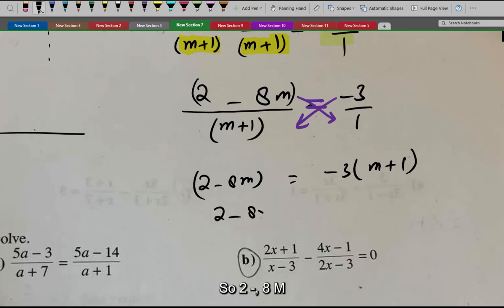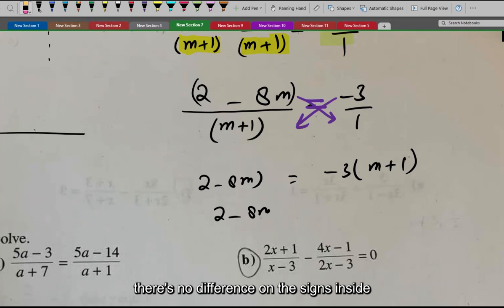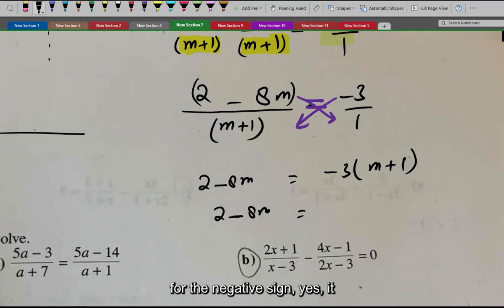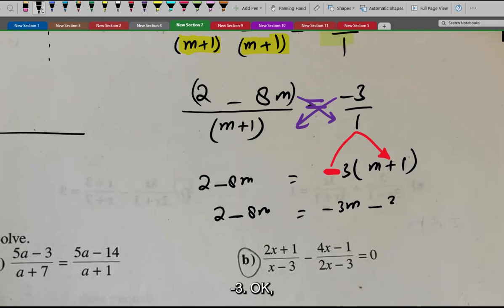Whenever there is a positive sign before a parenthesis, there is no difference to the signs inside the parenthesis. For a negative sign, yes, it matters. If there is a negative sign before a parenthesis, it definitely affects all the signs inside the bracket. So it's gonna be minus 3 multiplied by m is minus 3m. Minus 3 multiplied by plus 1 is minus 3.